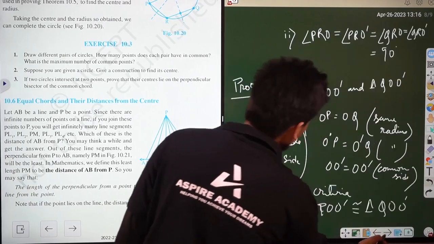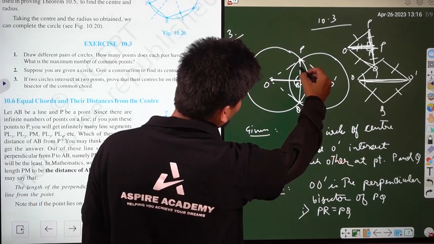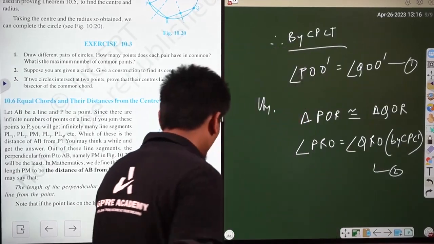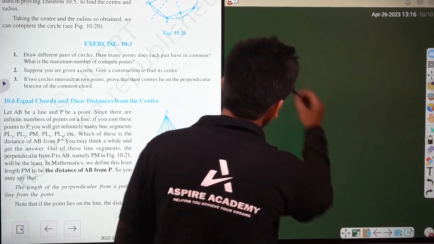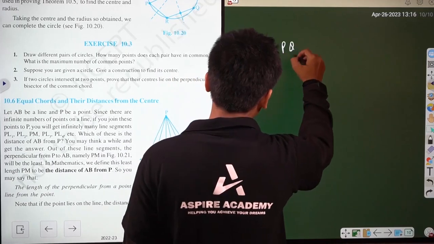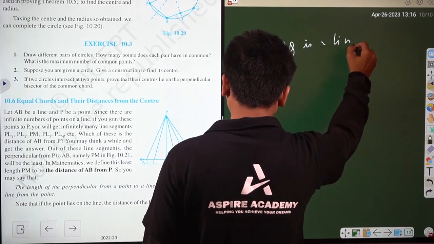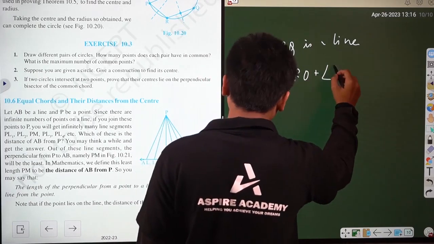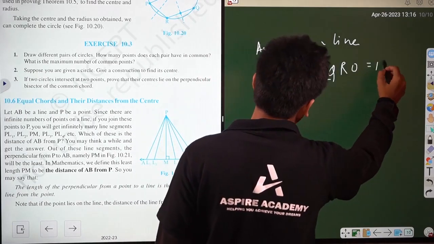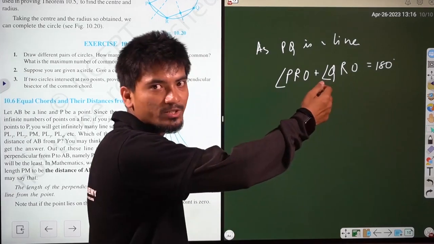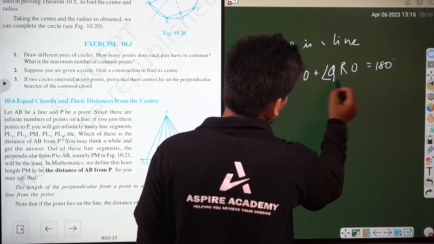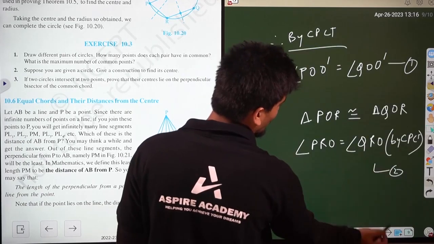Now see here, since this PQ is a line, right? Line segment. So you can write here PQ is a line. So definitely angle PRO plus angle QRO is equal to 180 degrees. Linear pair is always 180 degrees. So what is angle PRO? QRO is equal to angle PRO from 2, right?